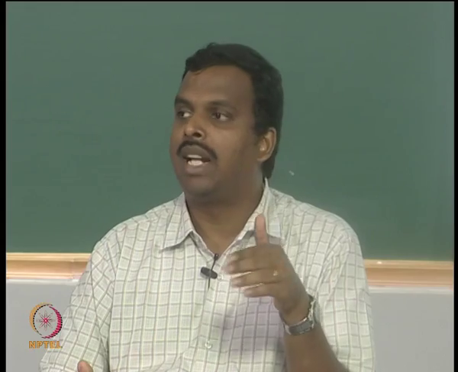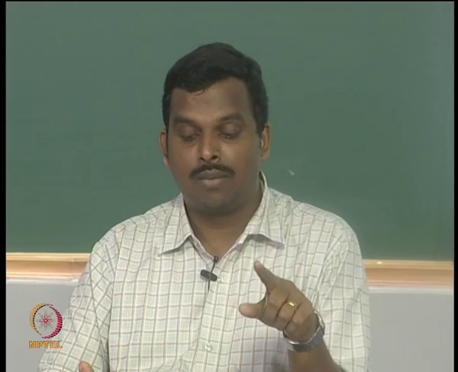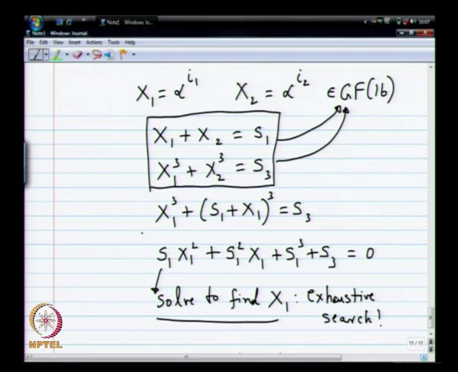You might have no solutions, or you might have 2 distinct solutions, or you might have the same solution occurring twice. Only when you have 2 distinct solutions will there be 2 errors. If you have the same solution occurring twice, then there would have been only 1 error. That can also happen. If there was only 1 error, what will happen to this situation?